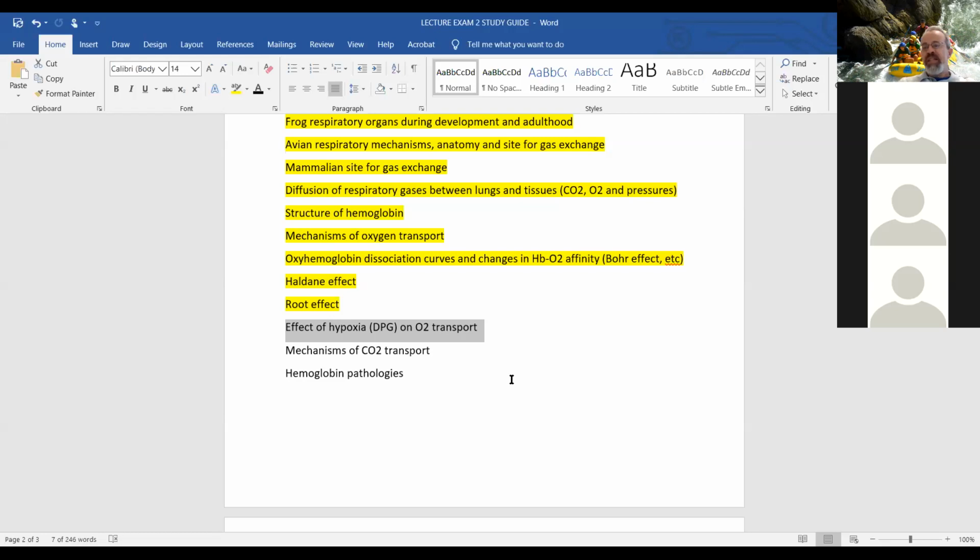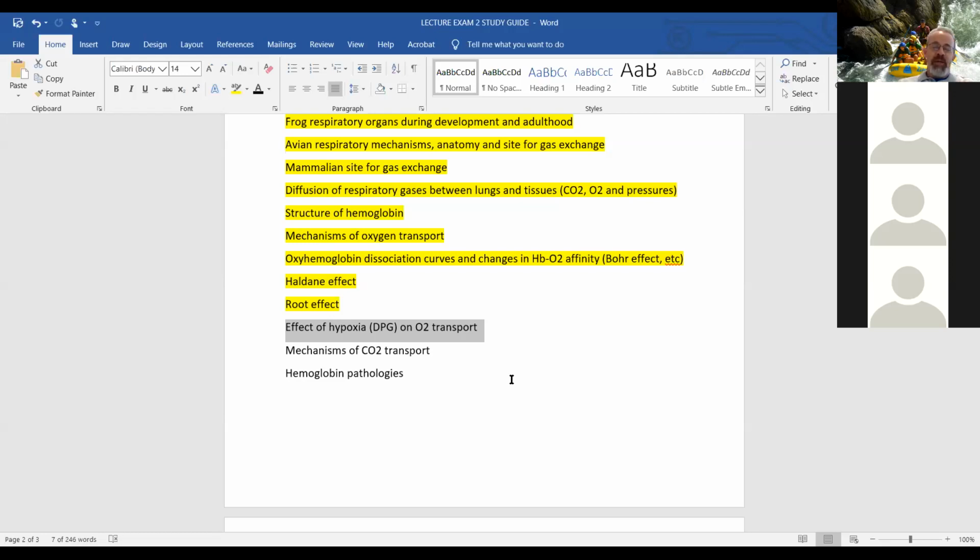And this is one of those competitive binding things: the more DPG you have, that's going to compete off, not allow as much oxygen to bind, and that's going to increase the delivery of oxygen, which is what you want or might want if you're hypoxic. You want to increase the delivery.